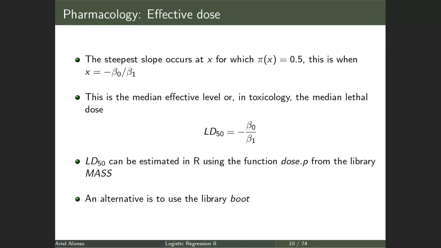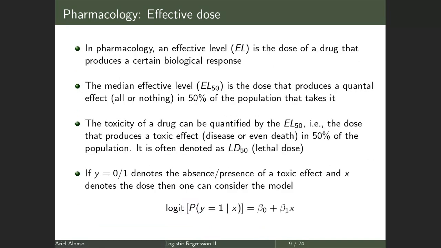Now you can do a couple of very simple mathematical steps, because what you want to know is the value of X, the dose that will produce this toxic effect in 50% of the population. So you want the value of X for which this probability will be 0.5, so 50% of the population will suffer this toxic effect.